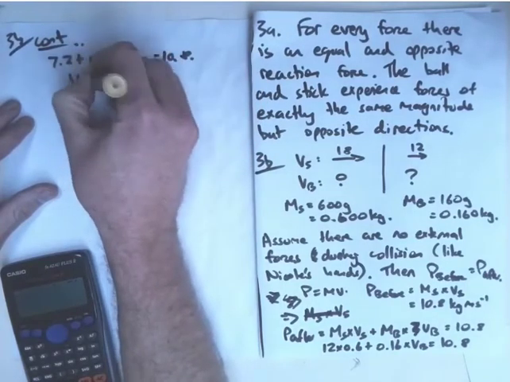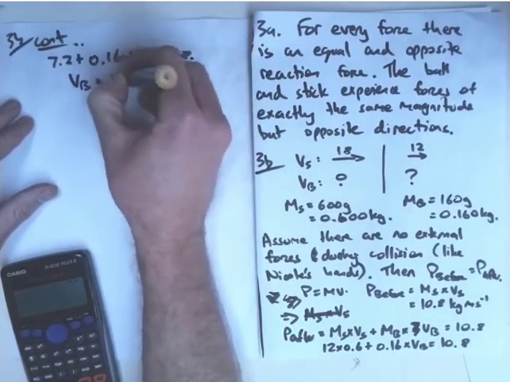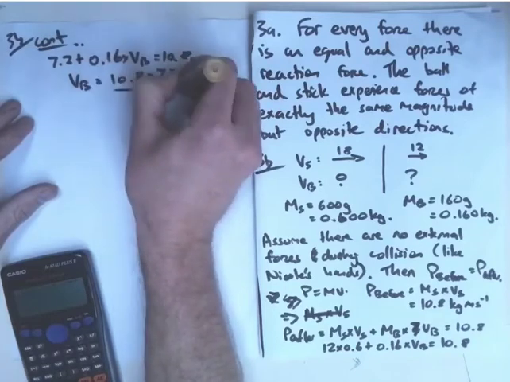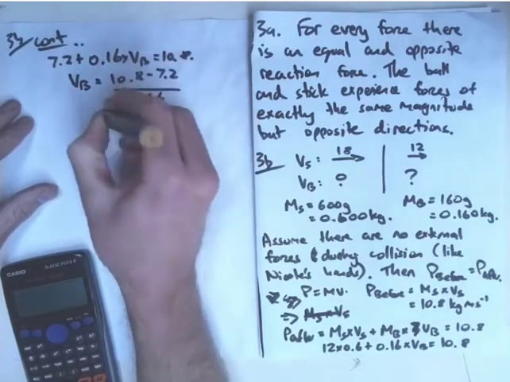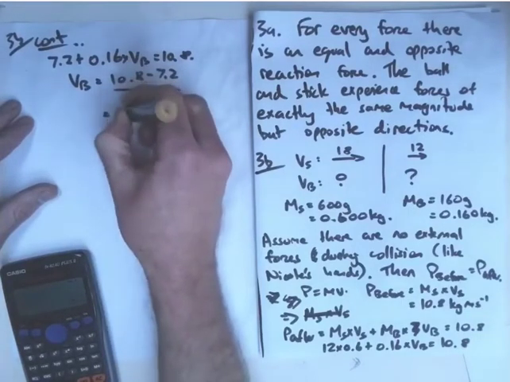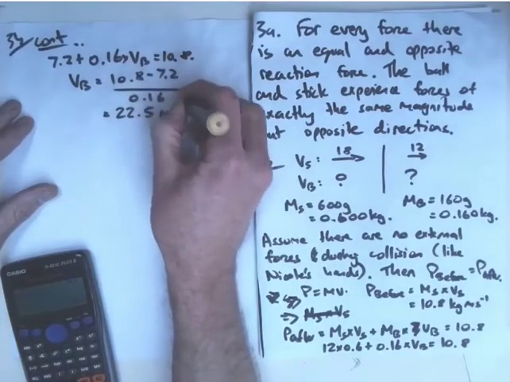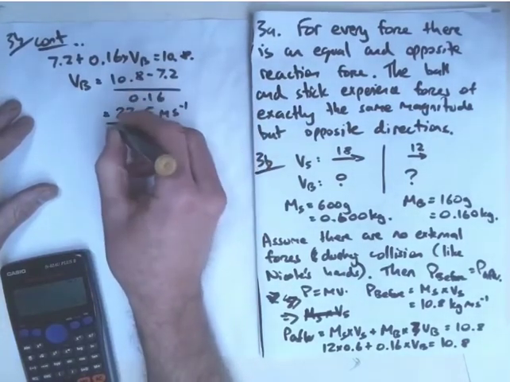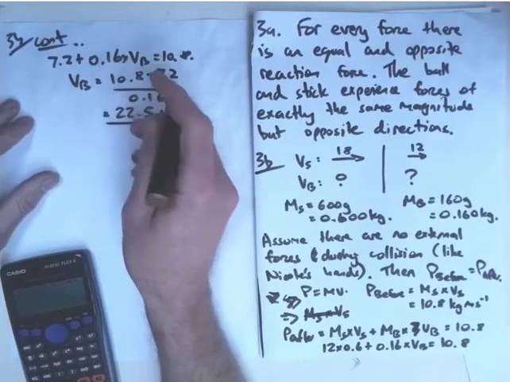We rearrange by subtracting 7.2 from both sides and then dividing both sides by 0.16. And we then solve and get that the velocity of the ball equals 22.5 meters per second, which is 23 meters per second to two significant figures.